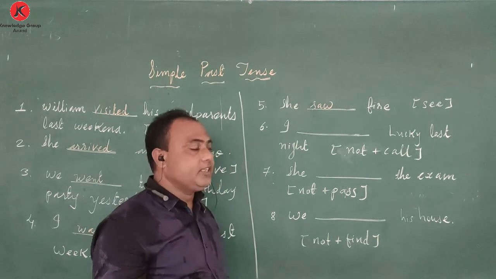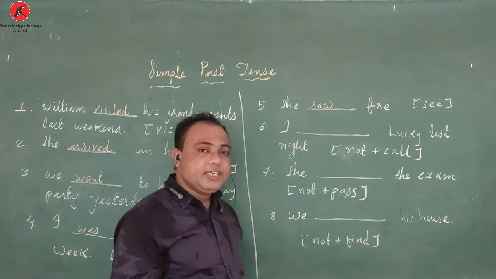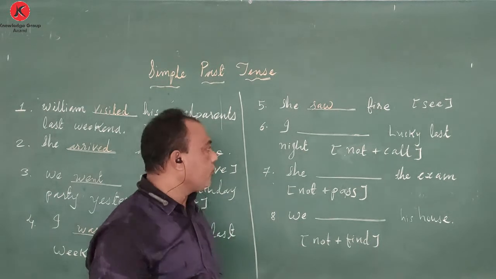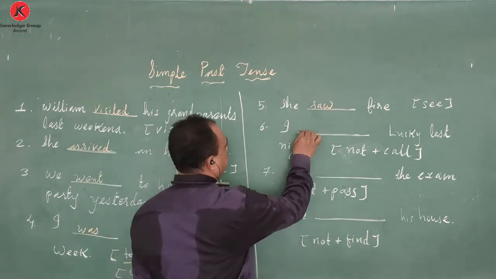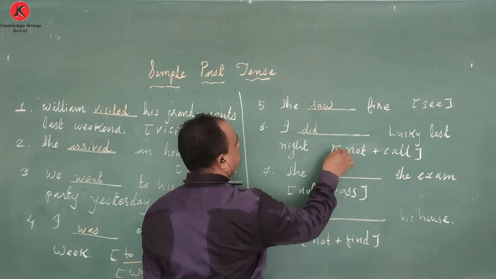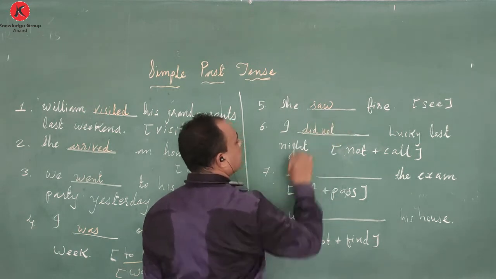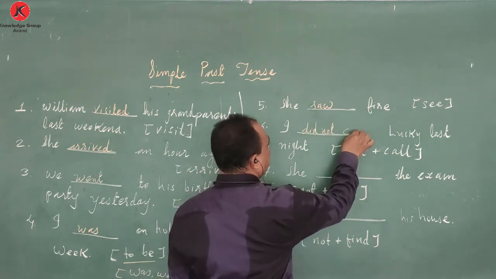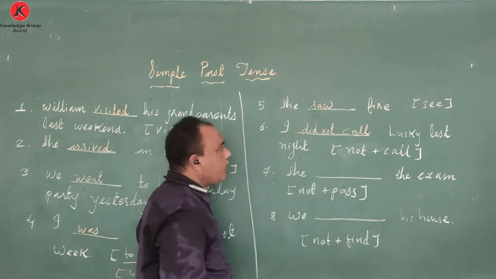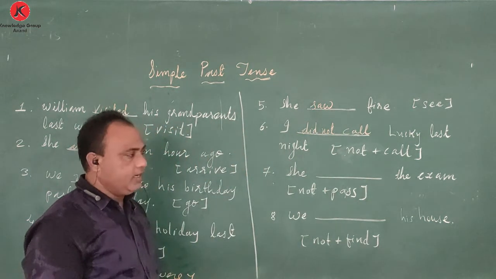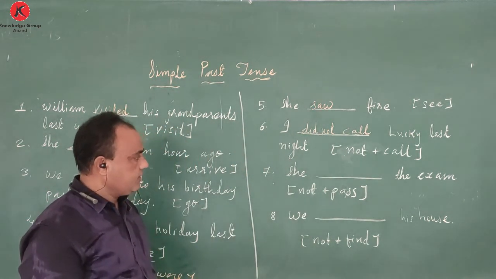In a negative sentence, what do we use? We use the did plus V1 formula here. So here I will write did, then add not, and the original form of the verb, V1. I did not call Lucky last night.